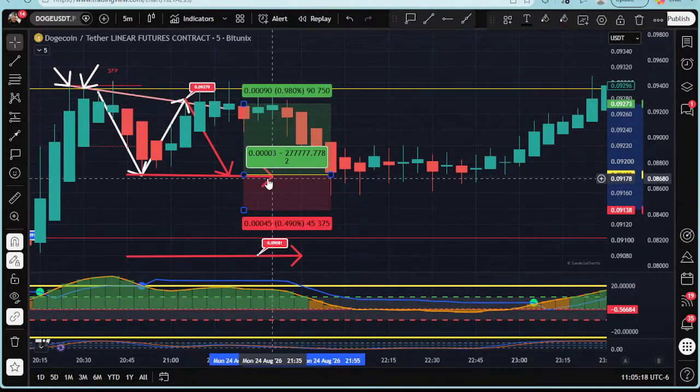So the thing here is that we're doing this trade on a 5-minute time frame with Doge, and we are getting a 0.8% move. So if we're doing a 20x, a 1% move would be 20%, a 0.5% move would be 10%.